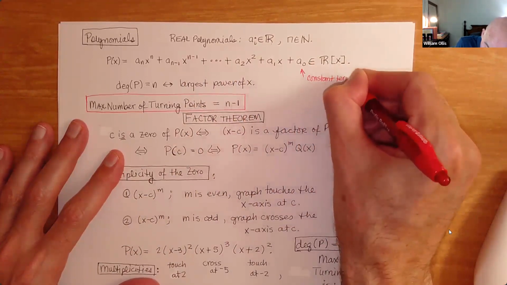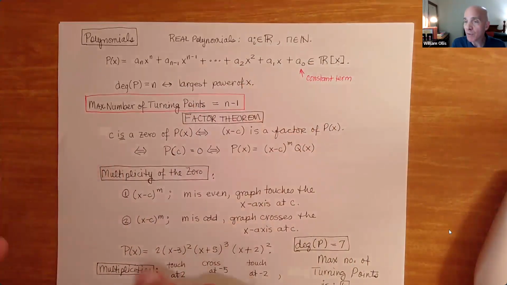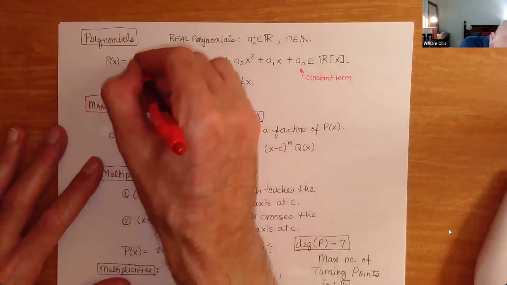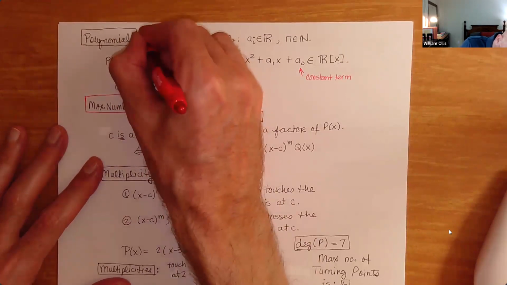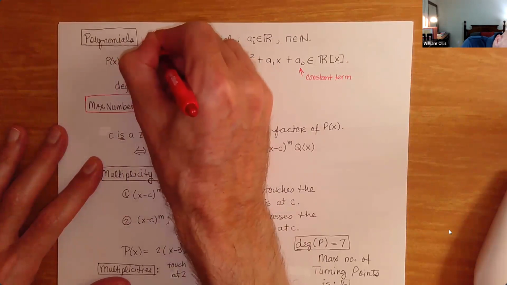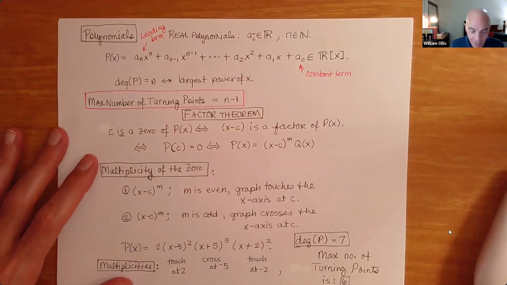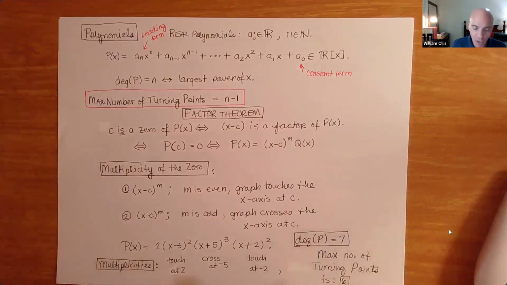So if you think of quadratics, quadratics are polynomials. Linear functions are polynomials. And this is what we normally call the leading term. And we'll say more about that. So again, polynomials look exactly like this.